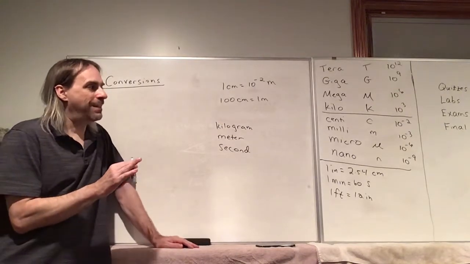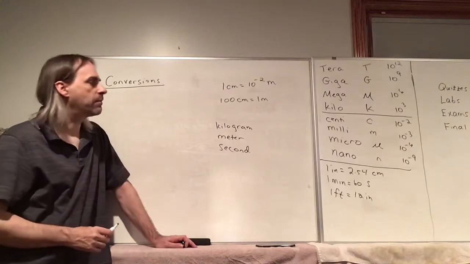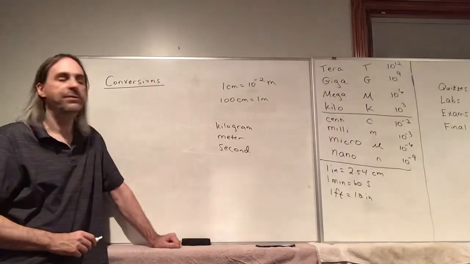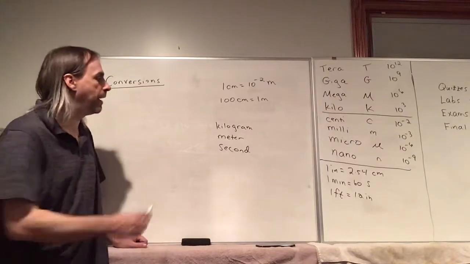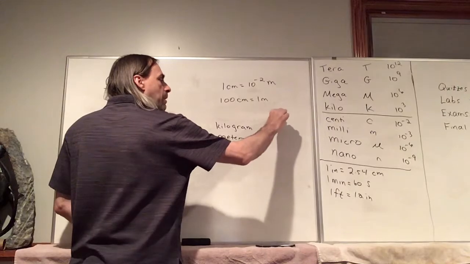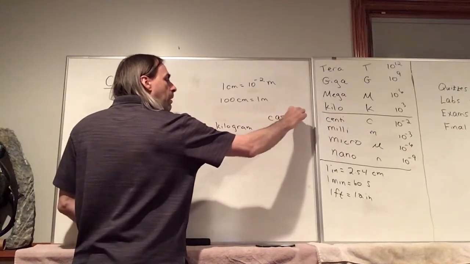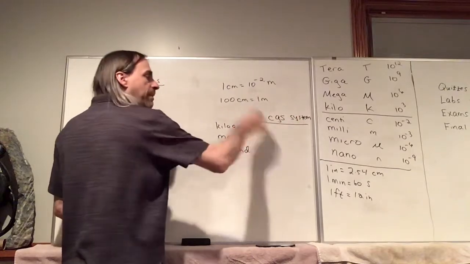Now, back in the 60s, or maybe even much further before that, there was another kind of metric system, this kind of base 10 thing, called the CGS system, which is actually still in use. There are some advantages to this.